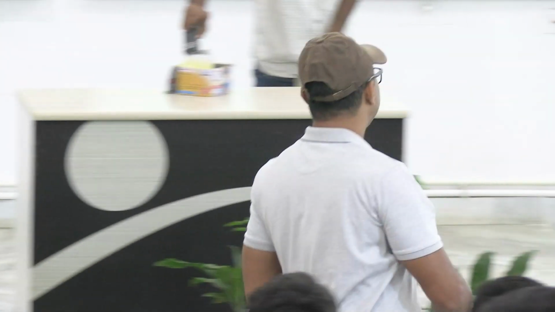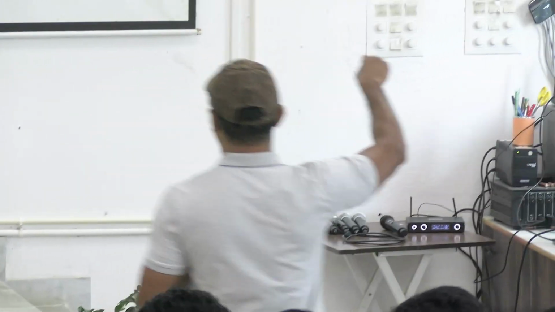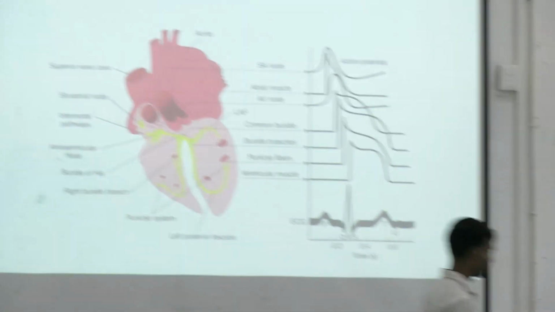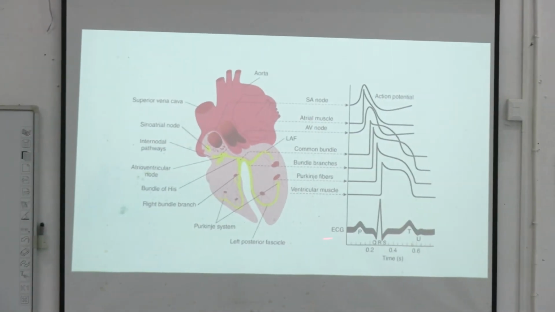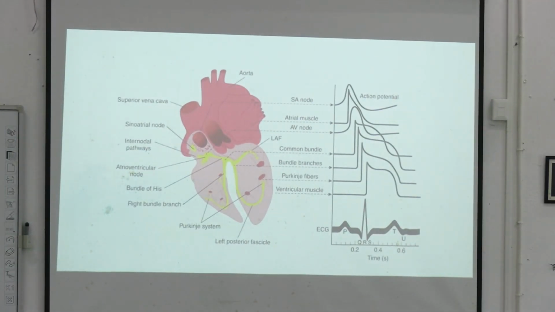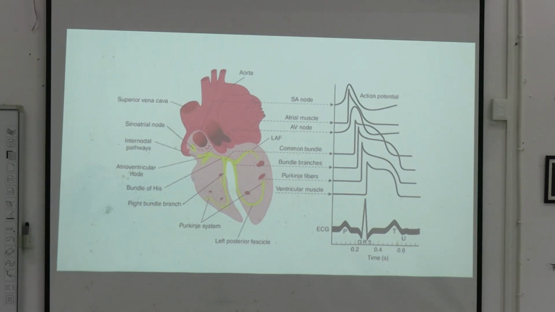So this is the shape of action potential in different types of cardiac tissues, right? And here you can see the ECG. So our target is that gradually we will be entering into ECG proper, right? But we can't suddenly enter into ECG unless you know the electrophysiology of this cell membrane, because the background of ECG lies in the electrophysiology, right?